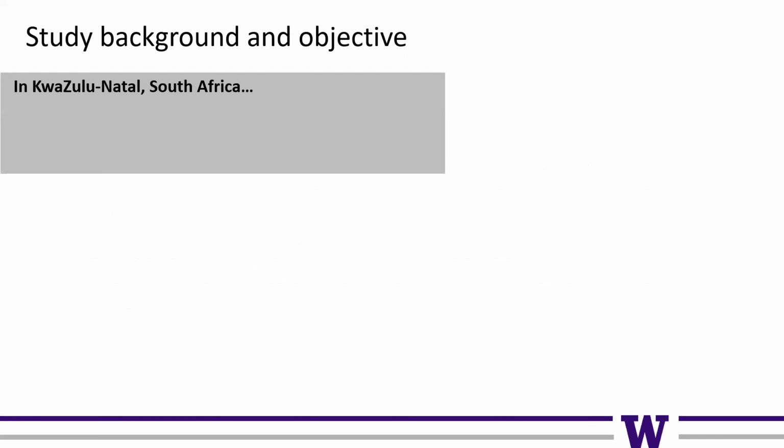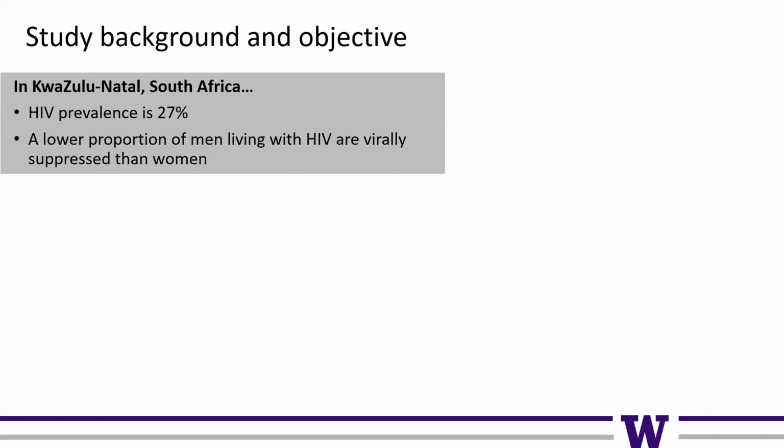So for the study background and objectives, in the South African province of KwaZulu-Natal, HIV prevalence is 27%. Significant efforts have been made to provide free antiretroviral therapy, or ART, to all persons living with HIV, but gaps in uptake and retention leave a lower proportion of men virally suppressed than women.